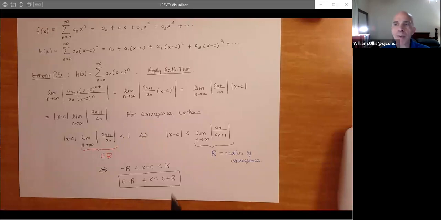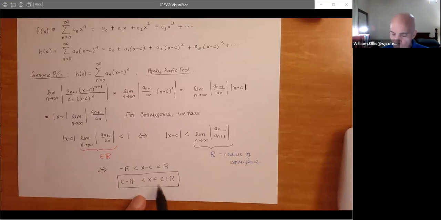And this gives us a nice symmetric interval. That's what's nice about the ratio test. With absolute convergence, it gives us this very elegant symmetric interval about c. We're stuck with it, but yay, we'll take it.